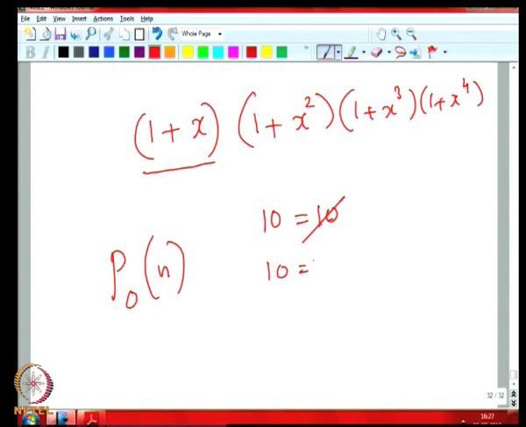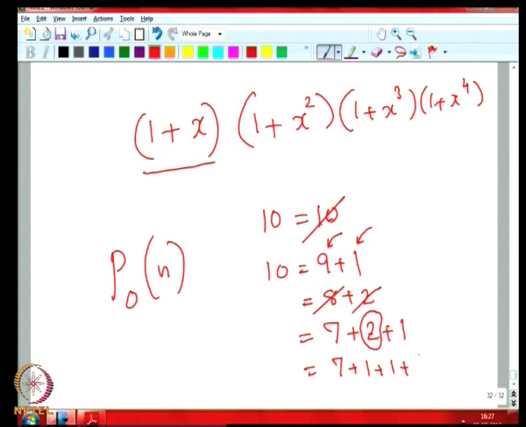But 10 equal to 9 plus 1 is a valid partition, because both 9 and 1 are odd numbers. 8 plus 2 is not valid, because these are not odd numbers. 7 plus 2 plus 1 is not a valid partition, because 2 is an even number here. But on the other hand 7 plus 1 plus 1 plus 1 is valid, because these are all odd numbers. And similarly 5 plus 5 is allowed, because both are odd numbers, and so on.